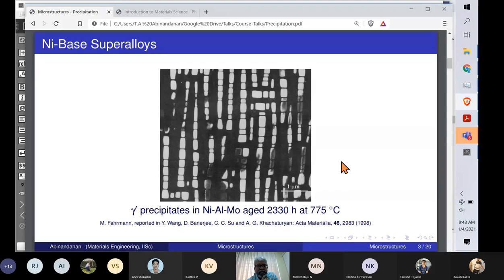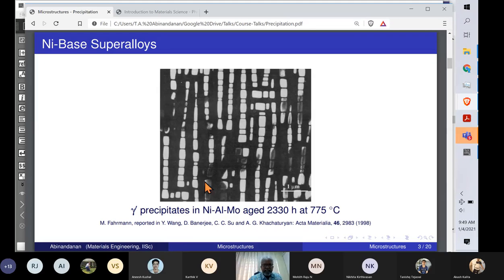As I said, the nickel aluminum binary is a prototype for developing superalloys, which make modern jet engines even possible. The temperatures inside these engines are pretty close to the melting temperature. For materials to retain their integrity at that temperature depends on development of these strong materials which retain their strength at such high temperatures.